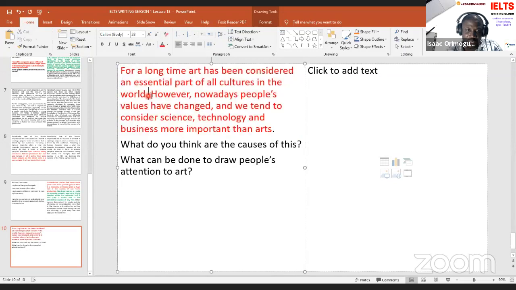But I'm going to break it into two. There are two aspects. Number one aspect is the fact that art used to be very popular in time past, a crucial part of our culture. But now, more attention is being paid to science, technology, and business. So you see, that's the issue.